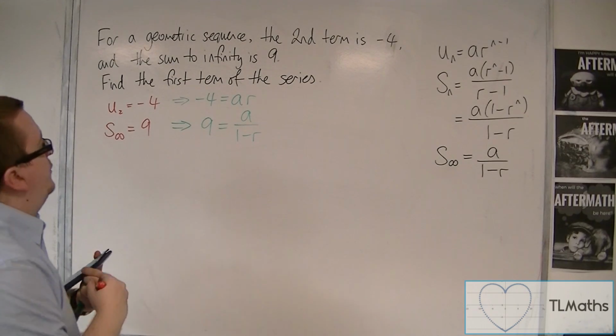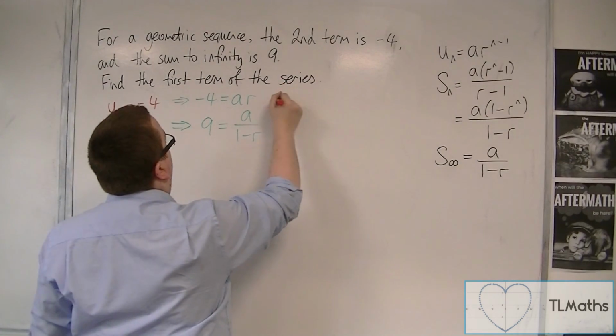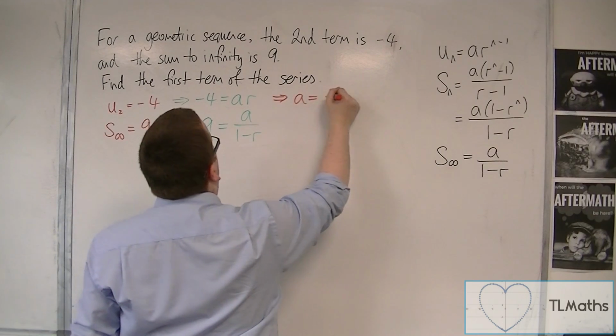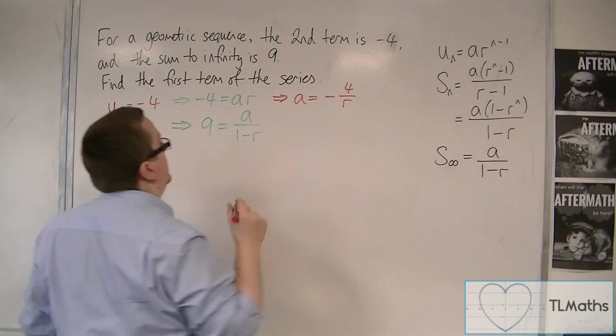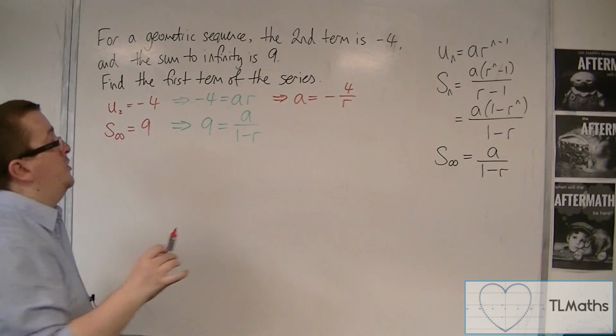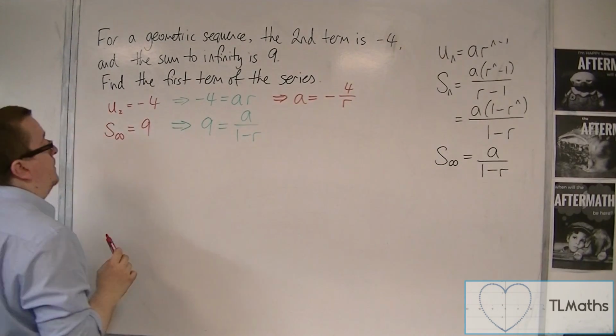So what I'm going to do is rearrange this first one to get A is equal to -4 over R. And then I'm going to substitute that into this equation.